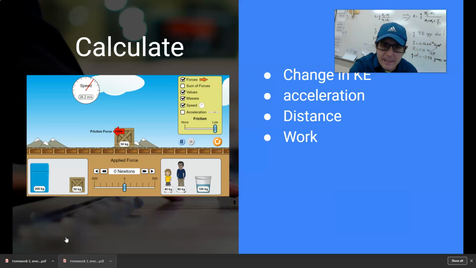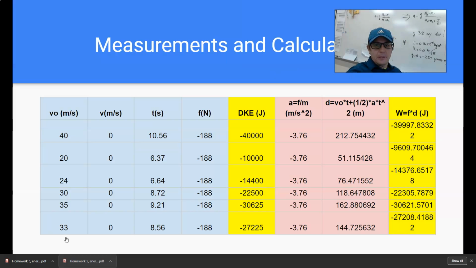Force over mass is the acceleration. For the distance, you're going to use the appropriate kinematic equation: initial velocity times t plus 1/2 acceleration times t squared. That's how you're going to calculate the distance. And work is just force, 188, times the distance that you calculate. So these are the measurements and calculations.